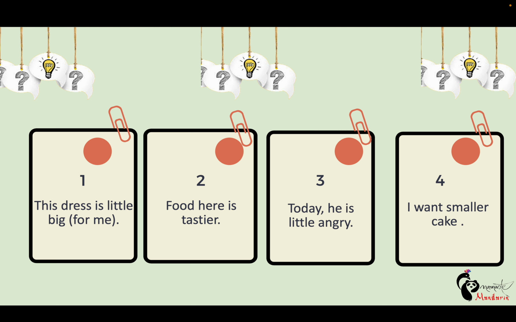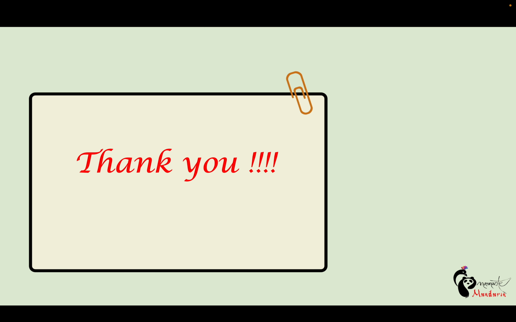So these are the 4 sentences. Please think about what I have explained, and which of the words, Yǒudiǎner or Yìdiǎner, is to be used in these 4 sentences. I would like to hear from you in the comment section, if you can write your answers, or if you have any questions or doubts related to this vocabulary or this grammar point.